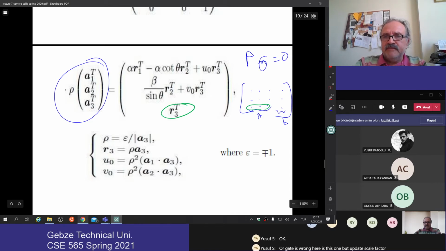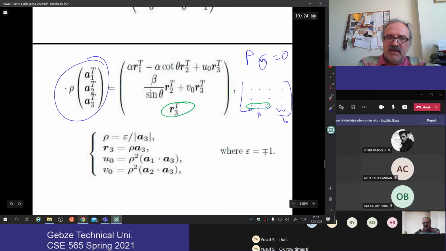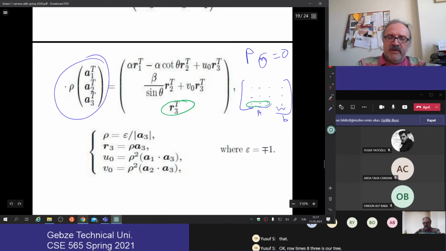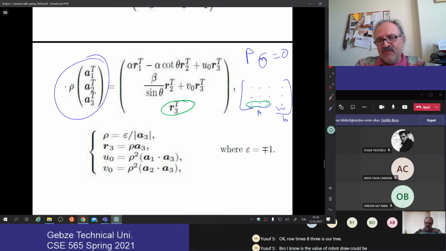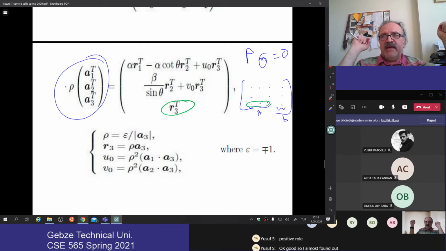Rho times A3 is R3. I know this is the value of rho, but rho could be negative rho or positive rho. Okay, good. So I almost found R3 up to a sign.